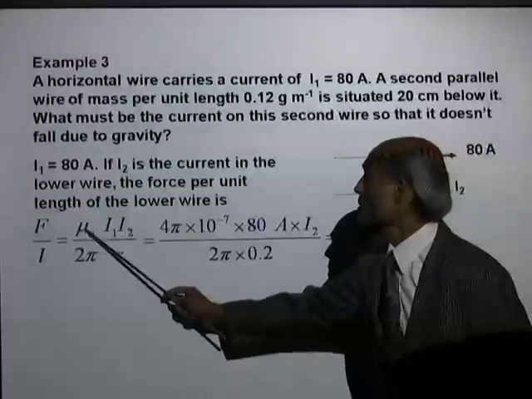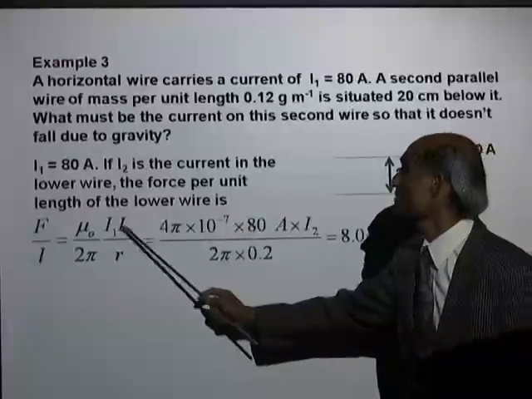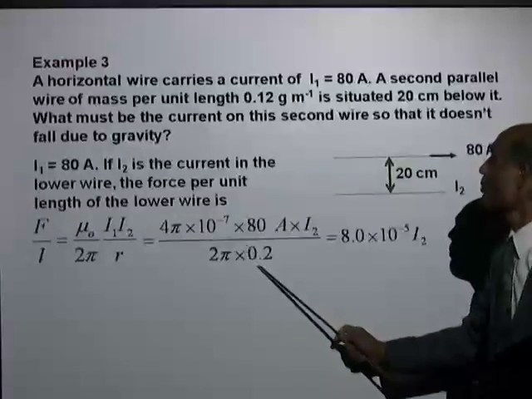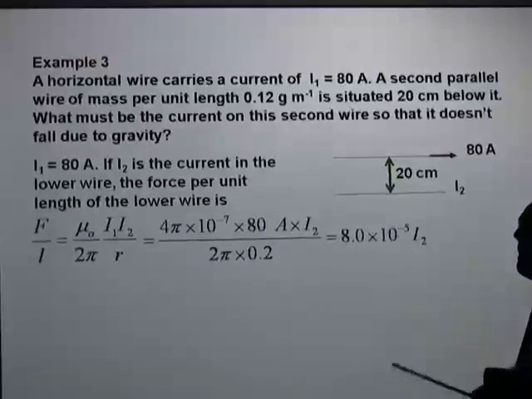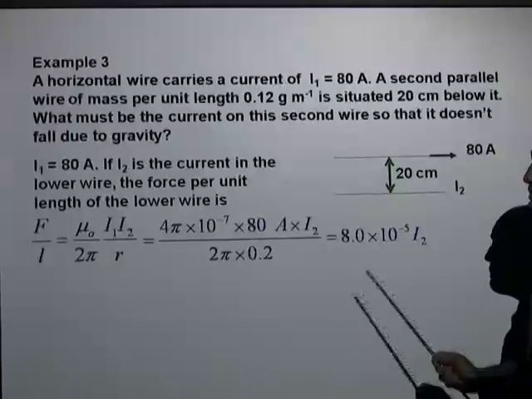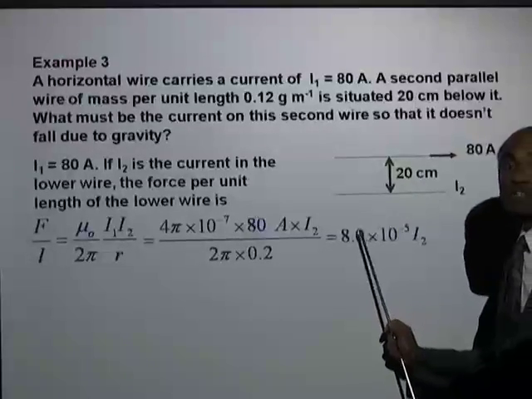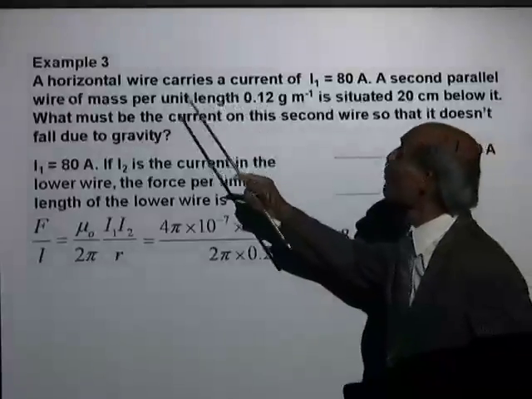Alright, and mu 0, of course, is 4 pi times 10 to the negative 7. I1 is 80 ampere and r is 0.2 meter, and that's equal to 8 times 10 to the negative 5 I2.